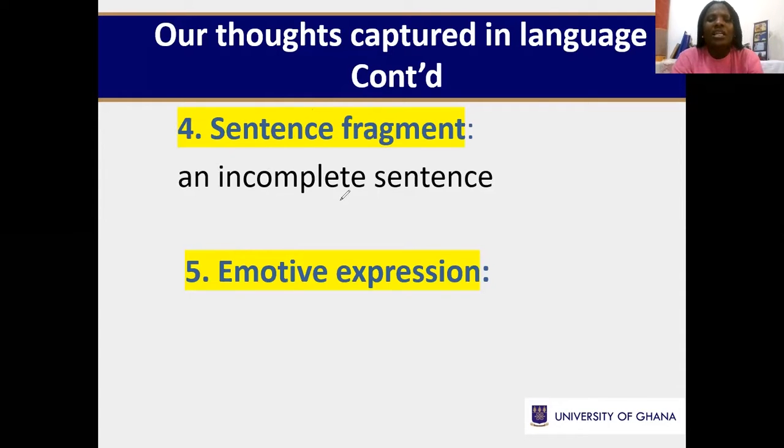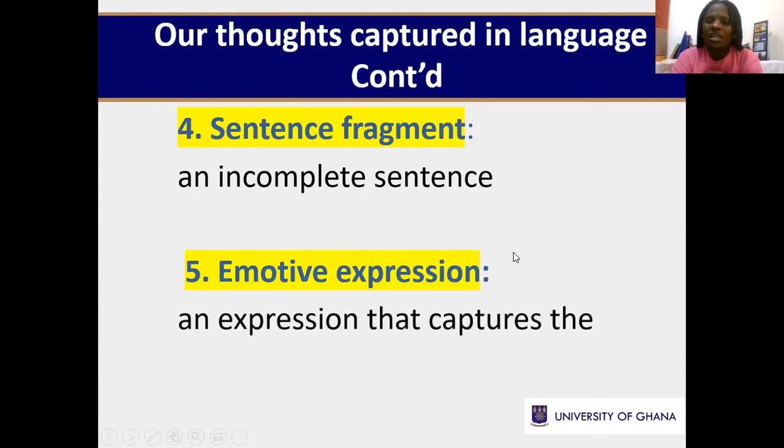And then the final one would normally be an expression that captures the speaker's feeling. We call it emotive expression. When I say, "Ah, what a virus," I haven't asked you a question. I am not giving information. I am not asking you to do anything.